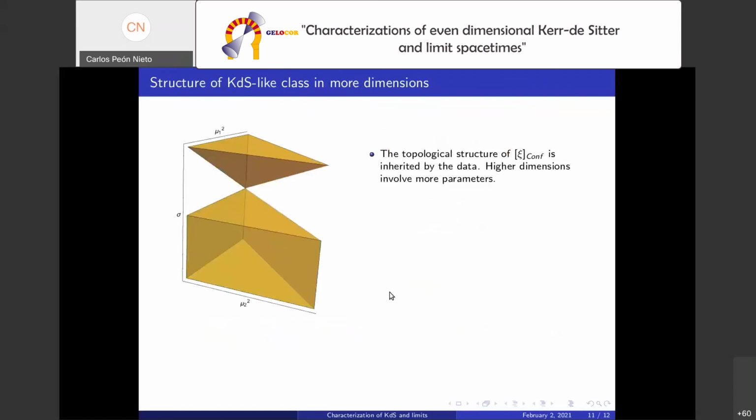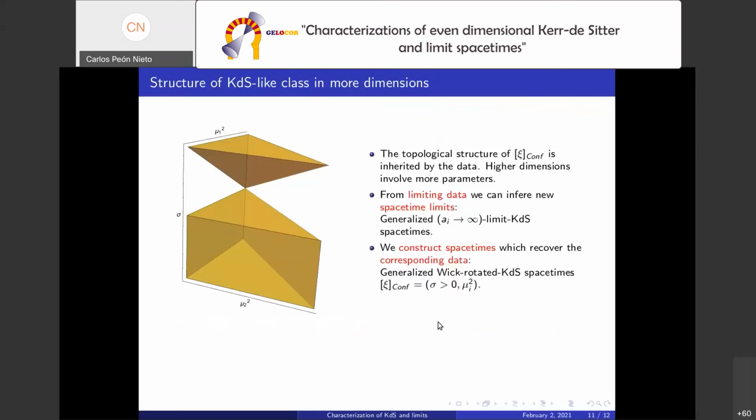So this idea generalizes to arbitrary even dimensions, of course, which is the case where we have guaranteed the well-posedness of the Cauchy problem. But the more dimensions we add, there are more parameters, and then there are more limits which we were able to calculate. For instance, the limits of Kerr-de Sitter when the rotation parameters go to infinity, because in more dimensions there are more rotation parameters, so you can define several limits for different numbers of rotation parameters going to infinity.